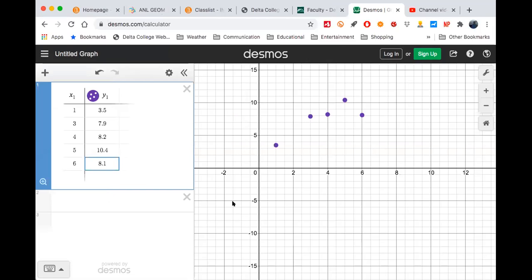So go ahead and use those 5 points, either using Desmos or your TI calculator, and see if you can come up with the linear regression. Oh, for the calculator users, remember you'll have to go up and clear that entry. So you'll want to clear list 1 and list 2 so that you can type the new 5 points in there.